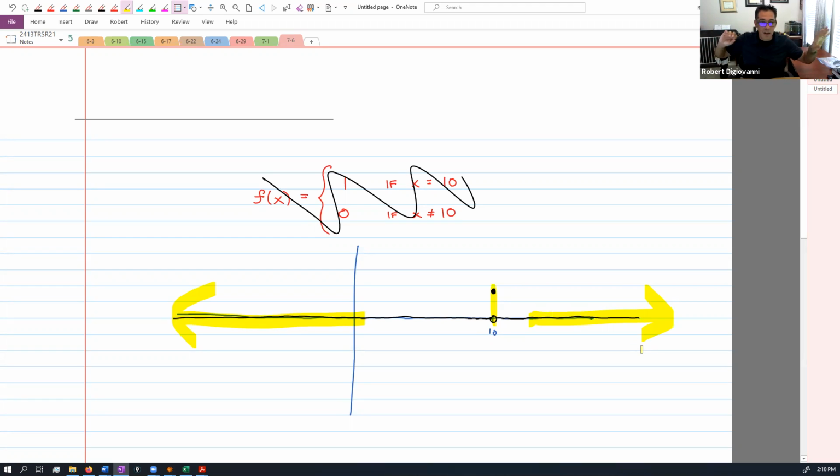So if you looked at billions, trillions of values, you would get 0 each time. That would not be enough for you to say, oh, then this function just has to always be 0. No, there's one point where it's not. So in mathematics, just because something happens over and over again, that is not enough to prove that it will always be that case. That's why proofs in math are hard. You have to prove something and leave no doubt, okay?